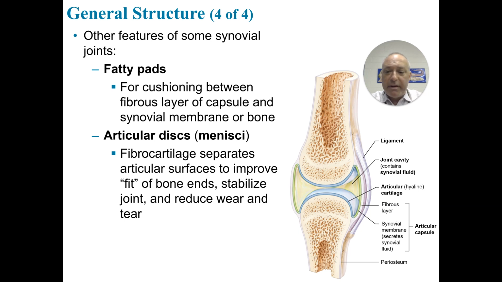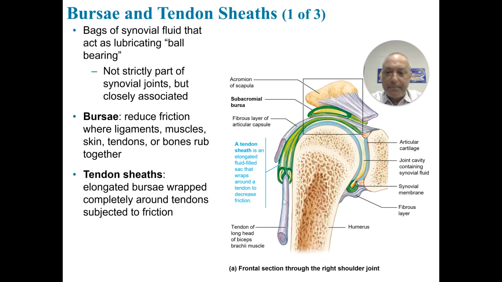And then there's an articular disc, or the menisci. And so here we've got a good picture of the articular capsule, the fibrous layer, and the synovial membrane. And so here we've got our joint with the synovial fluid, and then our ligaments holding the bones together.